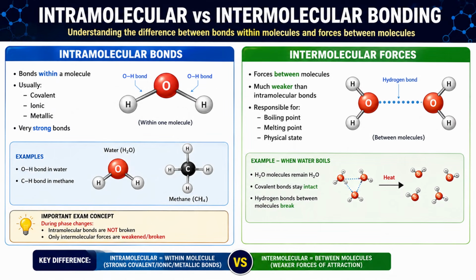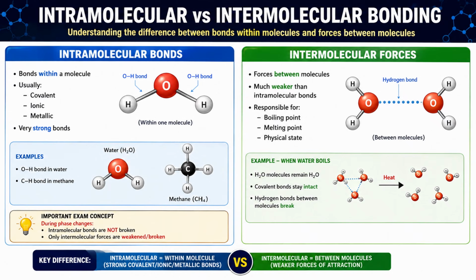All right. So this slide quickly summarizes the difference between the intramolecular and the intermolecular bonding. On the left, intramolecular bonds are strong bonds within a molecule, like O-H covalent bonds in water. On the right, intermolecular forces are the weaker attraction between molecules, such as hydrogen bonding between neighboring water molecules.